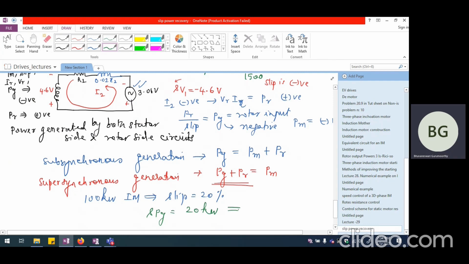That will be generated as PR, and PG is going to be 100 kilowatt itself. So the total power generated is going to be 120 kilowatt, which is greater than the overall rating of the induction machine itself. This is one of the greatest advantages of using a wound rotor induction machine for wind power generating system, where the generation could be greater than the rating of the machine.